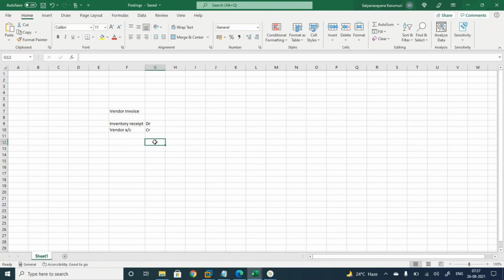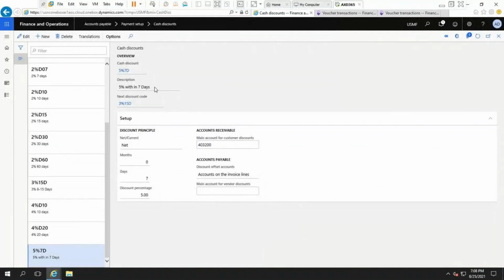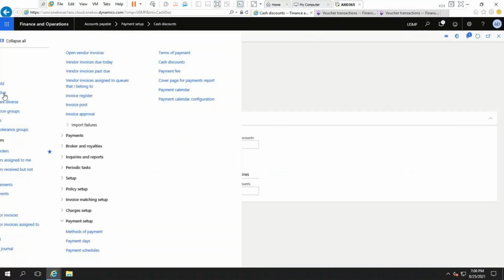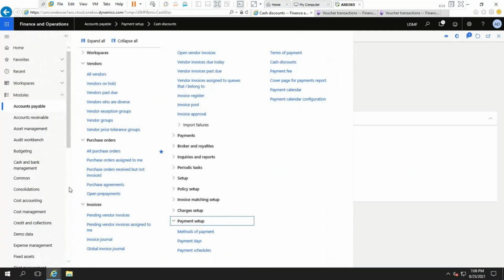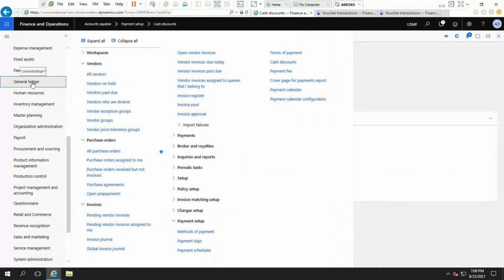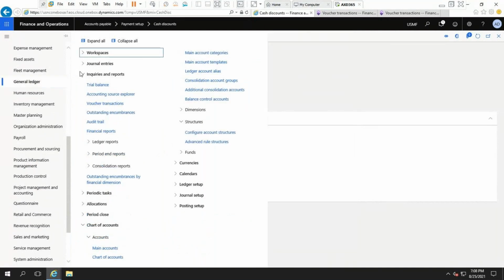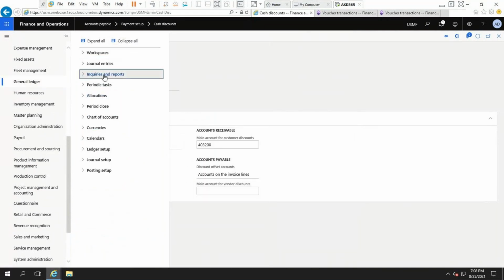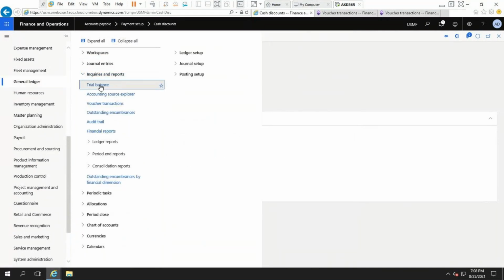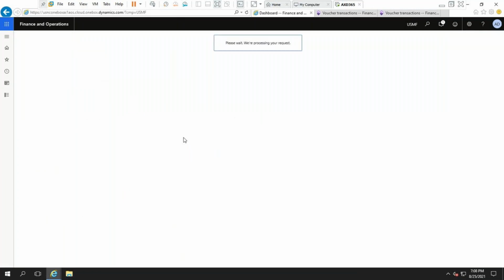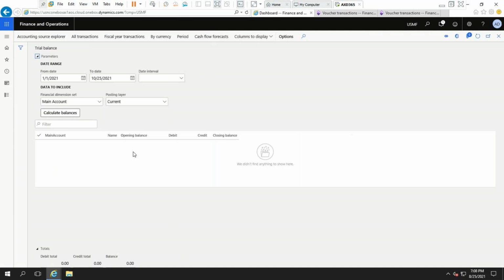Now in the system, he verified the inventory value in the trial balance. From the general ledger module, inquiries and reports, trial balance is generated and monitored continuously. He generated the trial balance, balance sheet and P&L.